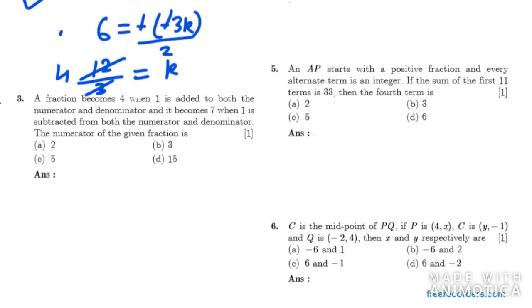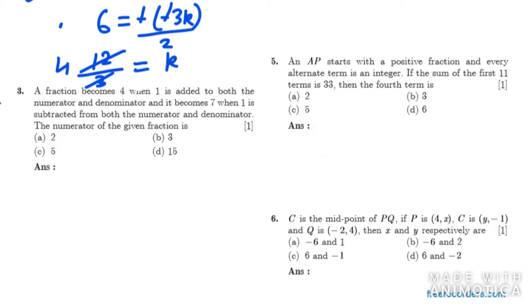It says a fraction becomes 4 when 1 is added to both the numerator and denominator. So let numerator be x and denominator be y. So x over y. Now we need to add 1 to both numerator as well as denominator and it becomes 4. Then in the second one it says it becomes 7.